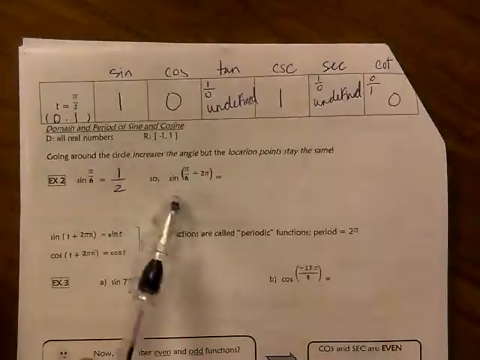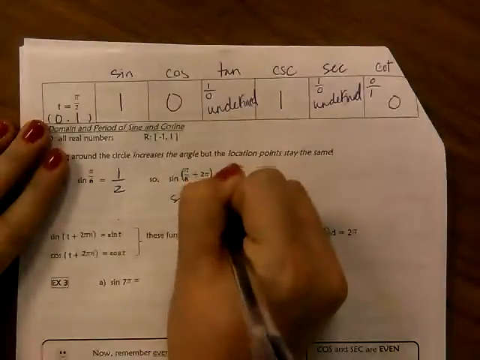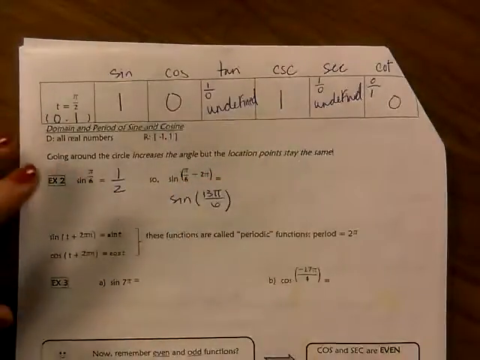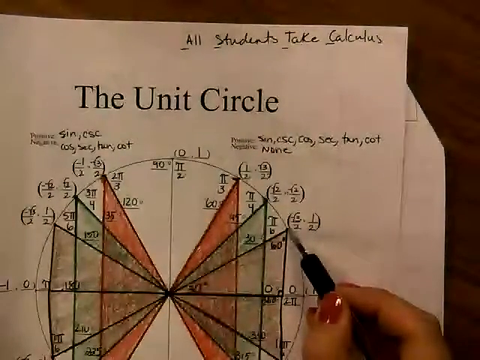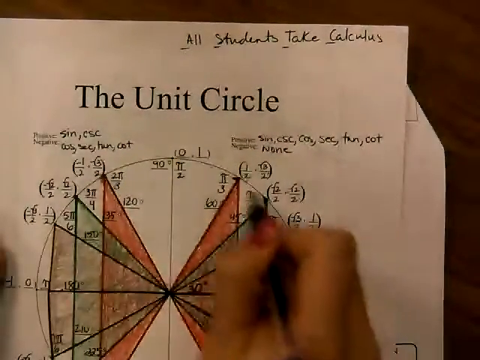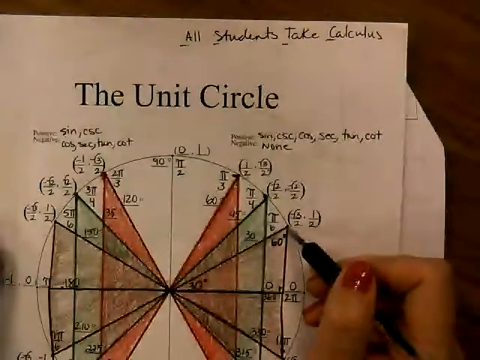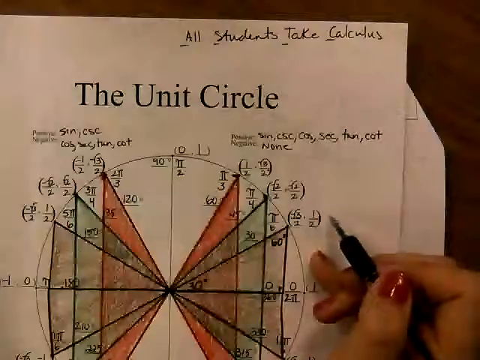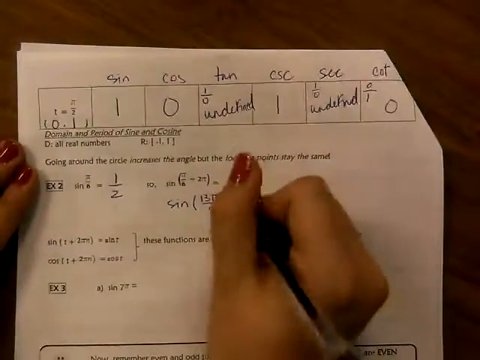If I took pi over 6 and I added 2 pi to it, so then I got the sine of 13 pi over 6, which means I was here, right? The sine of pi over 6 is here. And if I add a full revolution, I'm at 13 pi over 6. Don't I end up at the same exact thing, so it's still 1/2, right? So this is just that same idea.